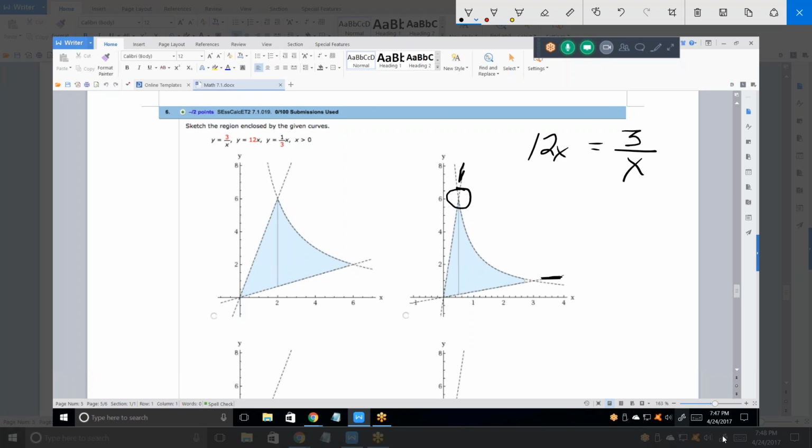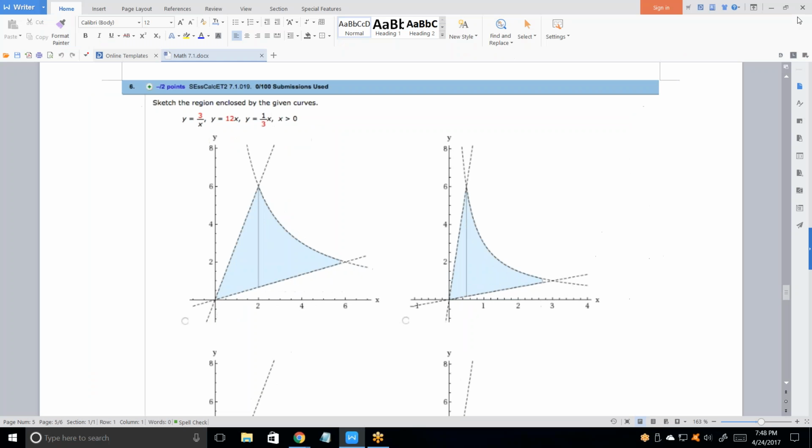Well, let's do the math. 12x squared equals 3. That means x squared equals 1/4. That means x equals plus or minus 1/2. So this curve right here that intersects at x equal 1/2 is the only curve that does that.